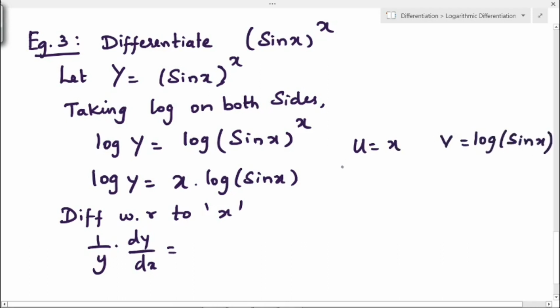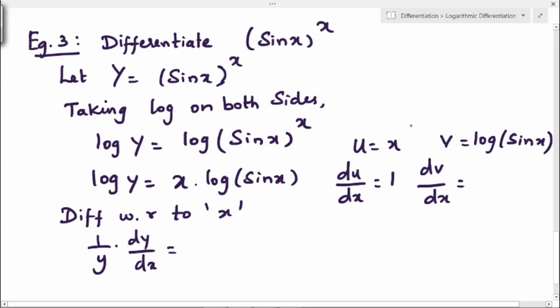Okay. So what is du by dx? That is x differentiation. So if you are differentiating x with respect to the same value, we get 1. Next, dv by dx, this is log of sin x. So first differential of log x is 1 by x.